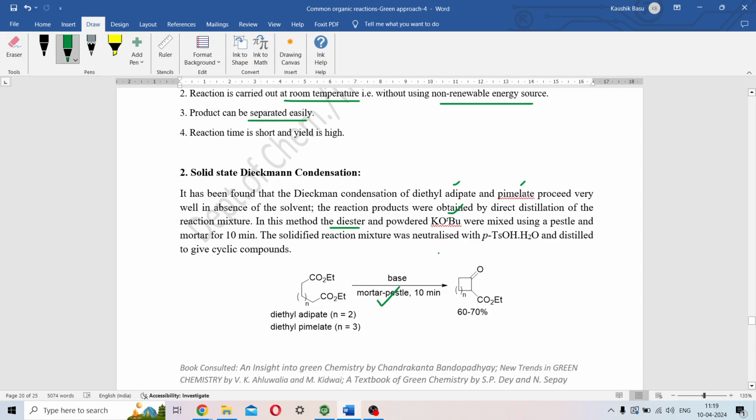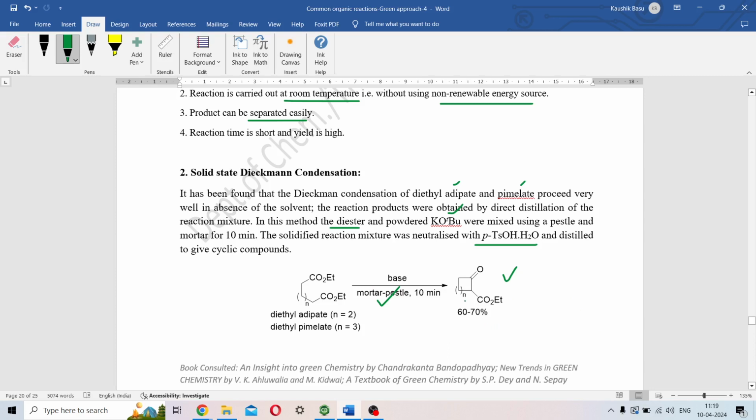Because this is Dieckmann, the final product is an enolate, so you have to use some sort of acid, so you use tosic acid, hydrated tosic acid, and then you distill. When you distill, in 60 to 70% yield, the product comes out. So this is how this reaction is done.